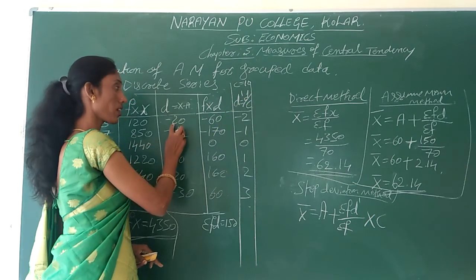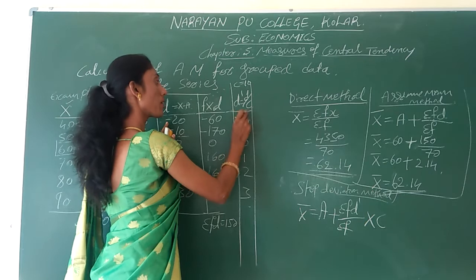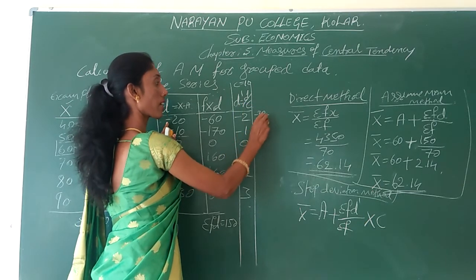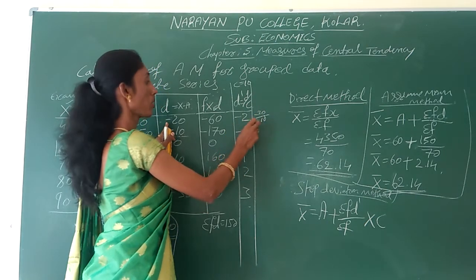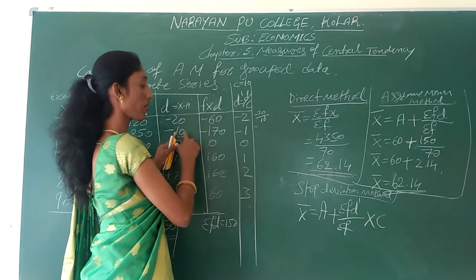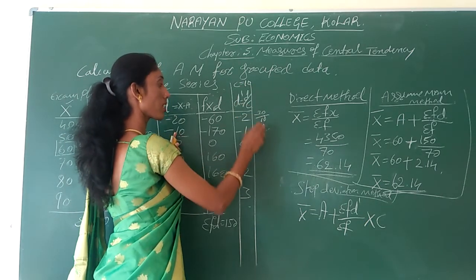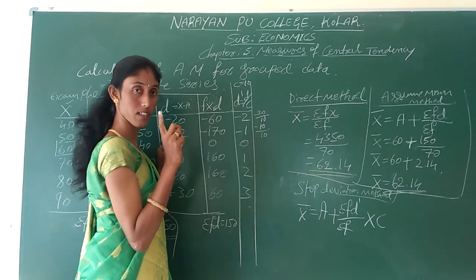d means deviations. Once again I will tell how we got this minus 2. d is minus 20. C is 10. Minus 20 by 10, how much we got? Minus 2. Again, here we have deviation value equal to minus 10. Then C is 10. Minus 10 divided by 10, minus 1. Right?